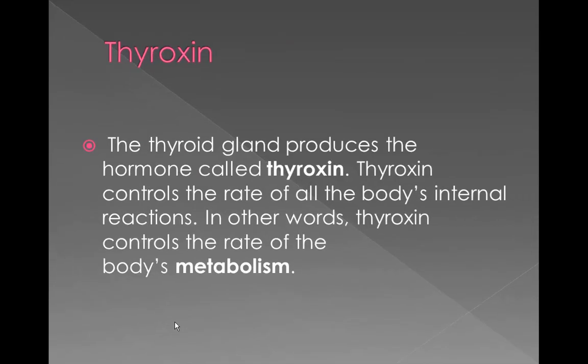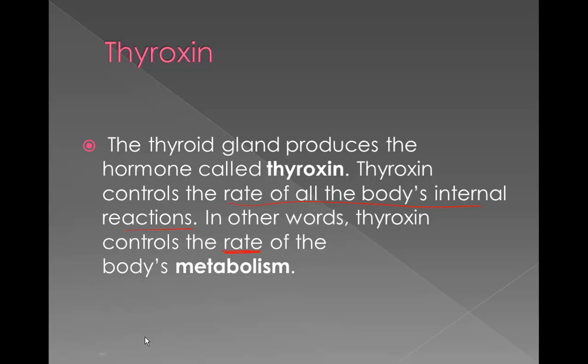So thyroxine controls the rate of the chemical reactions that occur in our body every day. In other words, it controls how quickly or how slowly these reactions occur. For instance, when we get up in the morning, our metabolism is slower.